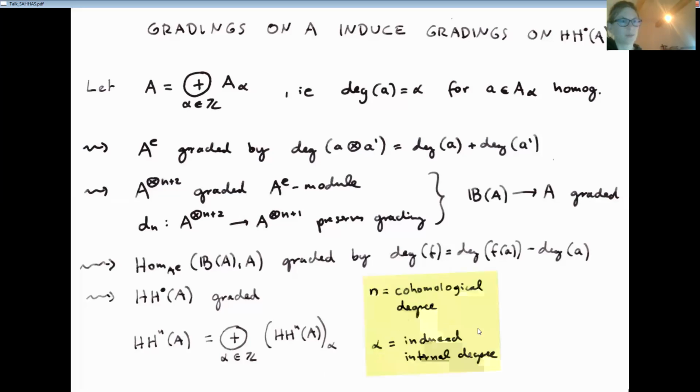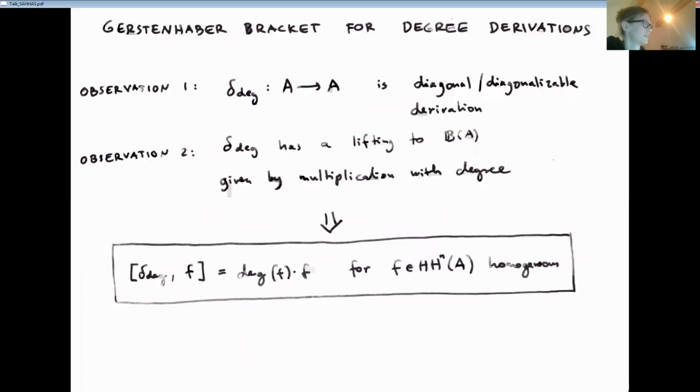And it's just a bit messy now to keep track of whenever one says degree, whether one is speaking of the cohomological degree or this induced internal degree. Now thinking of this degree derivation that we introduced. This is a diagonal or diagonalizable derivation.